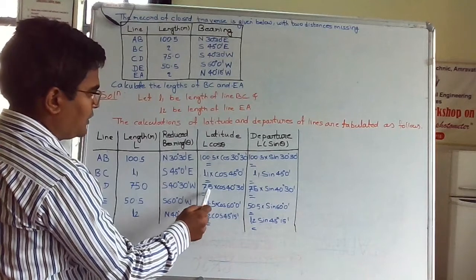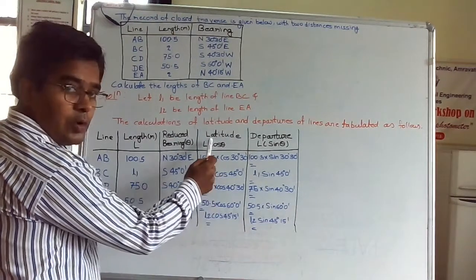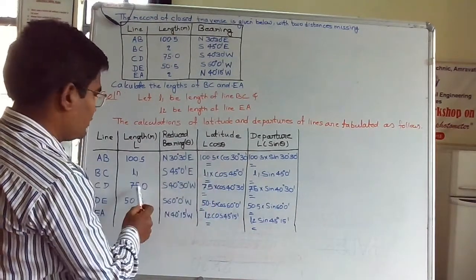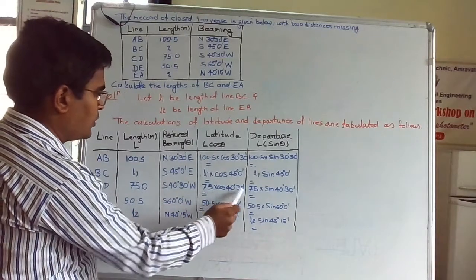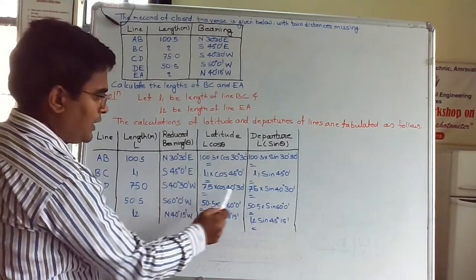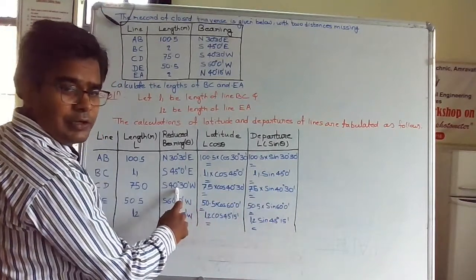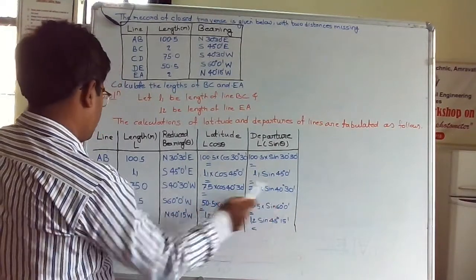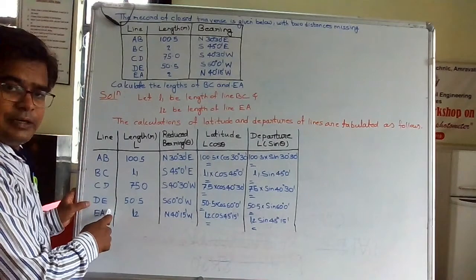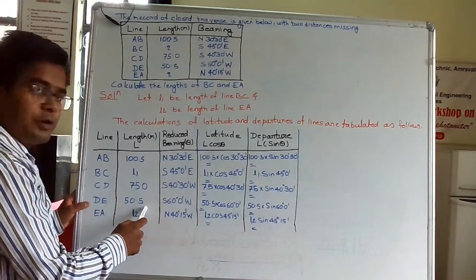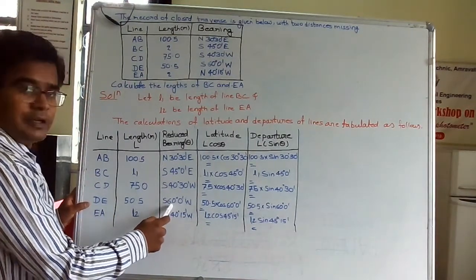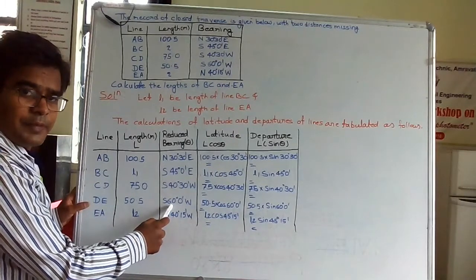So latitude is L cos theta. That is 75 into cos of 40 degrees 30 minutes, and again 75 into sin of 40 degrees 30 minutes. Next line DE, the length is 50.5 and the reduced bearing is 60 degrees.